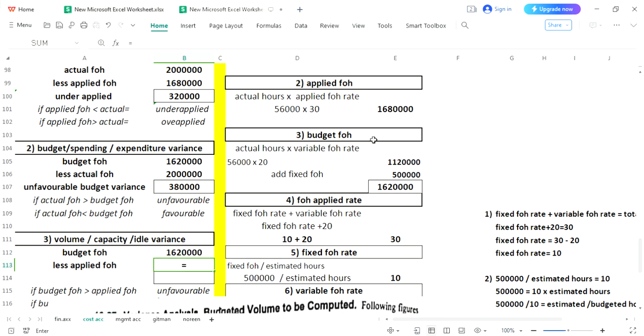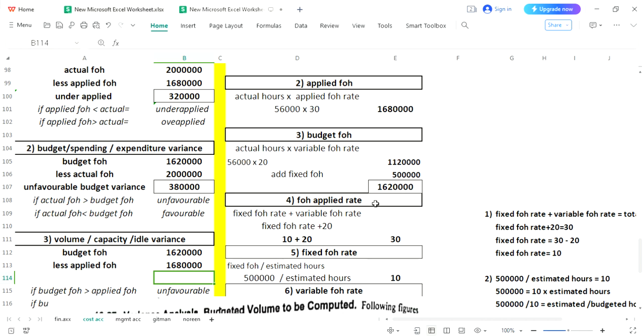Then you need to have your applied FH rate. Please focus upon here. We have already calculated our applied FH, which is mentioned over here. Here is the highlighted area where we have calculated the budget FH and how much it is. 16,80,000. Okay, both budget and applied FH has been mentioned.